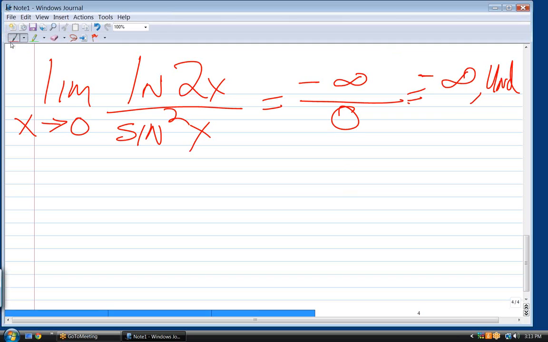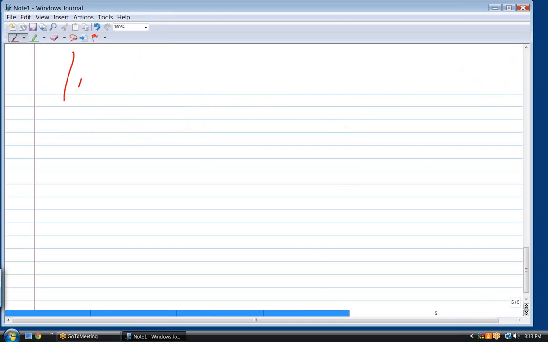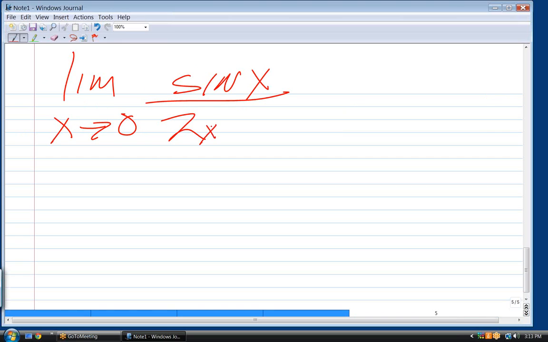All right. Well, the next one I have is the limit as x goes to 0 of sine x over 2x squared minus x. Well, again, if we do a direct substitution, we have 0 over 0, right?